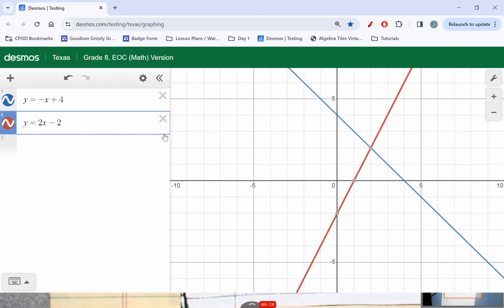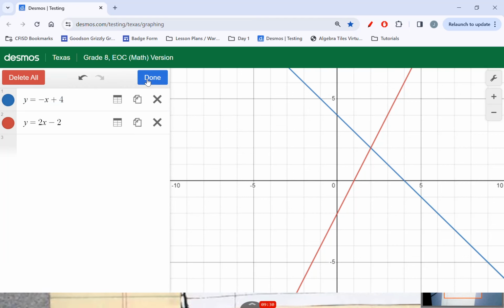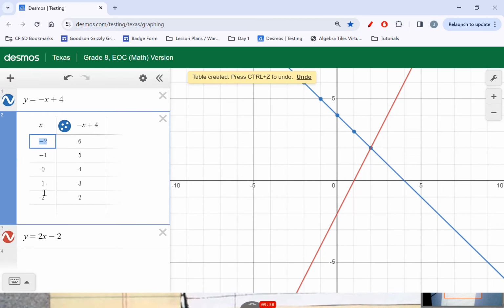Another way you can see that is by creating a table. So hopefully everybody has both of these equations typed into their Desmos calculator. Go ahead and click the gear button, edit list, and then there's a table button next to one of your equations. Go ahead and click create table, and it's going to create a slightly different type of table than the ones you've seen before.